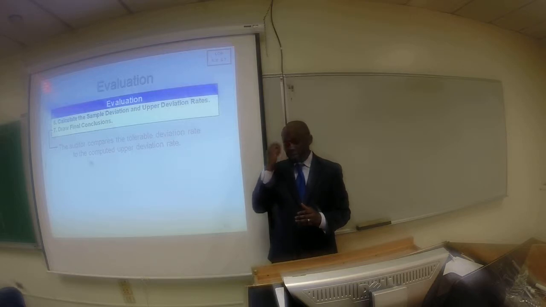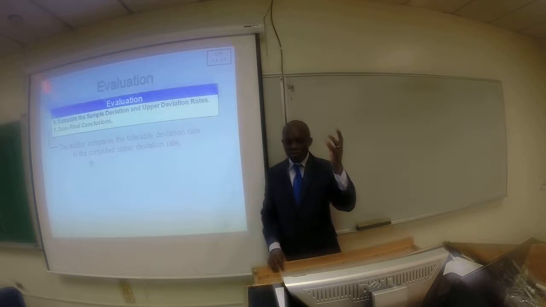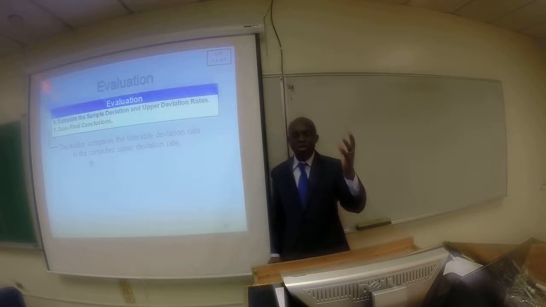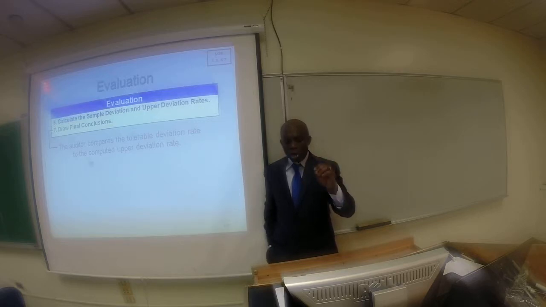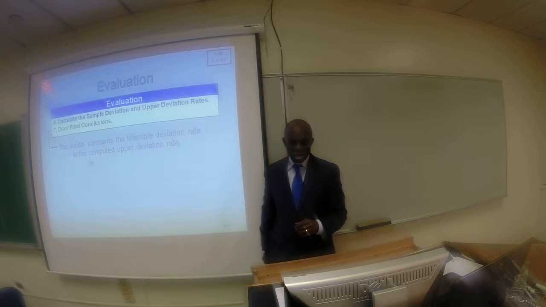So let me repeat that again. The upper deviation rate consists of the tolerable deviation rate, we already talked about the definition of tolerable deviation rate, plus an appropriate allowance for sampling risk. So what does that mean? The upper deviation rate actually represents how high the population deviation rate might be.